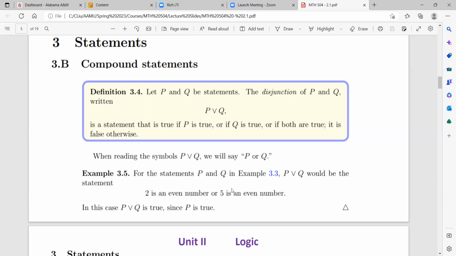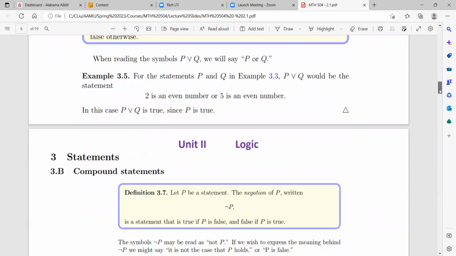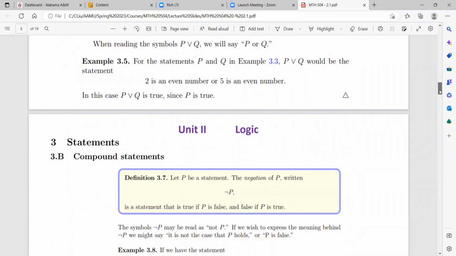We know that's true because P is true. So P V Q must be true. And that's exactly what it says in here. Although Q is false, it doesn't matter. Any questions?